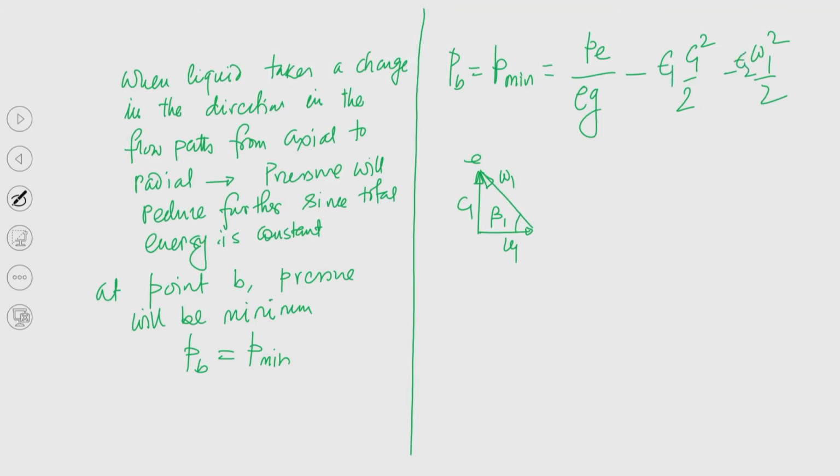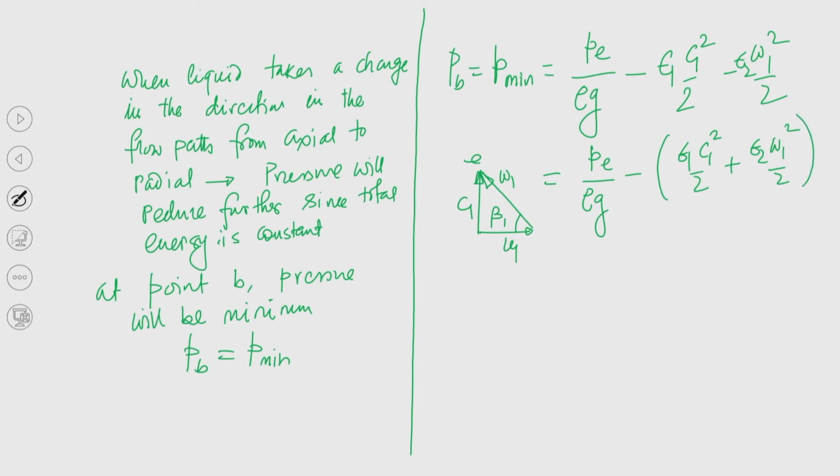So, basically if we try to calculate, then we can see that this is nothing but P by rho g minus epsilon 1 C1 square by 2 plus epsilon 2 W1 square by 2, okay.